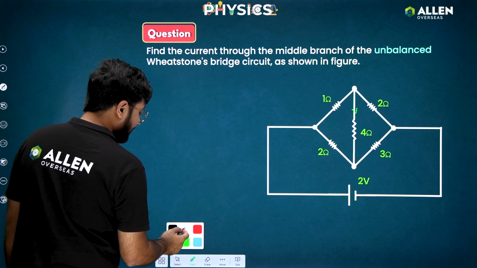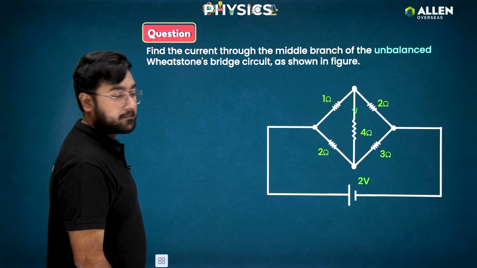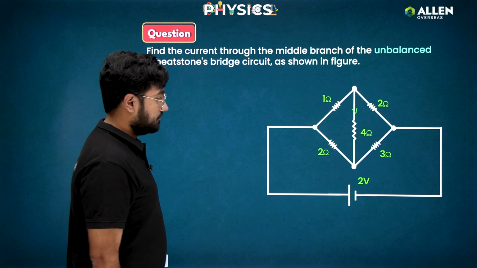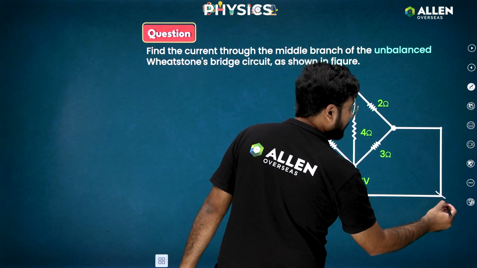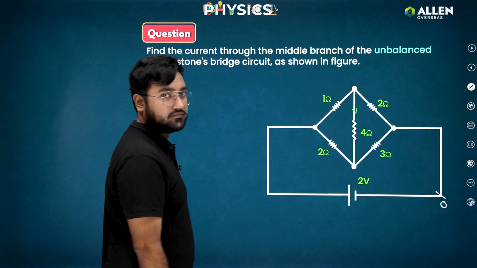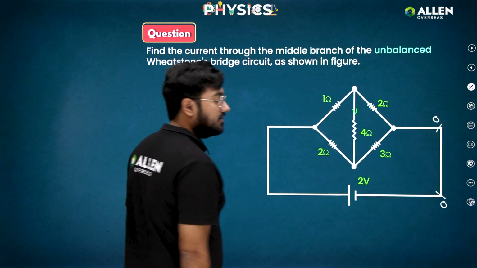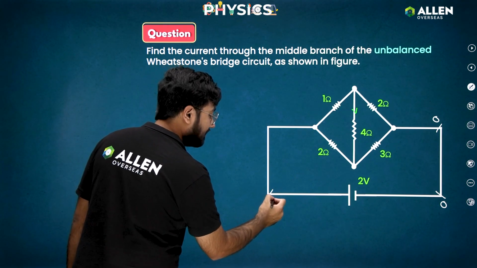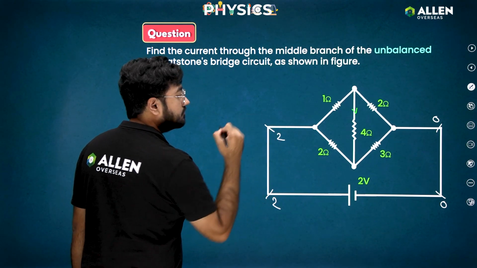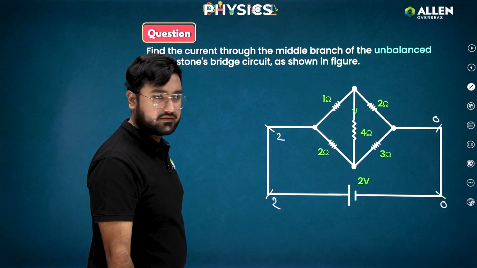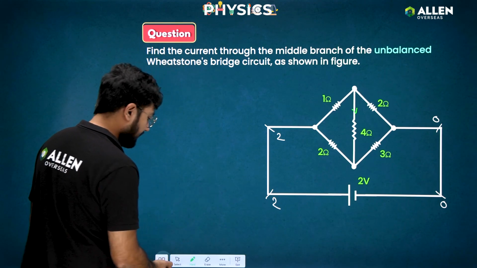So let's make things easy. Suppose potential of this point is 0. I can do that. Potential of this point will be 0. What will be the potential of this point? 2. Right? Right.